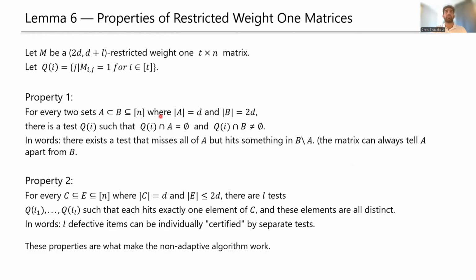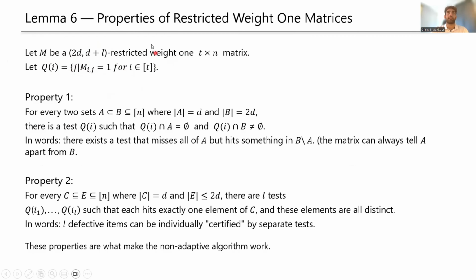As we saw earlier, it's the index of the column which equals 1. This is the question i. So the question in row i of the restricted weight matrix is equal to the number of column J which corresponds to Mij equals 1, for i in T, which is the number of rows of the test matrix.